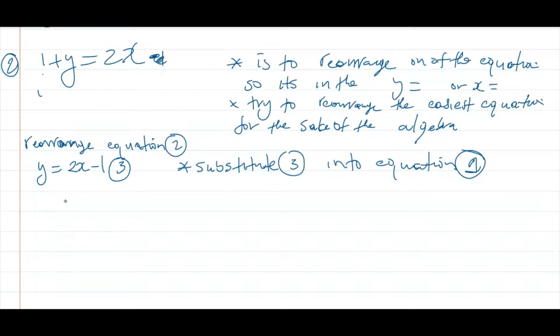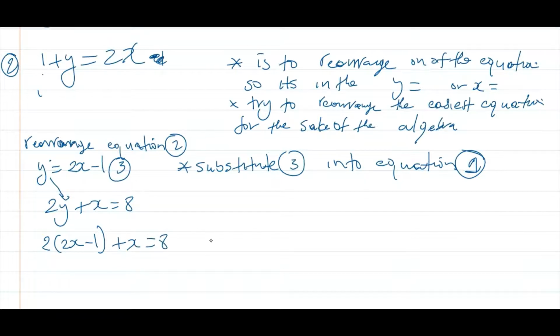If you remember from up there, equation 1 is 2y plus x equals 8. So now y equals this. This is what y is, this whole expression. So this becomes 2 times (2x minus 1) plus x equals 8.